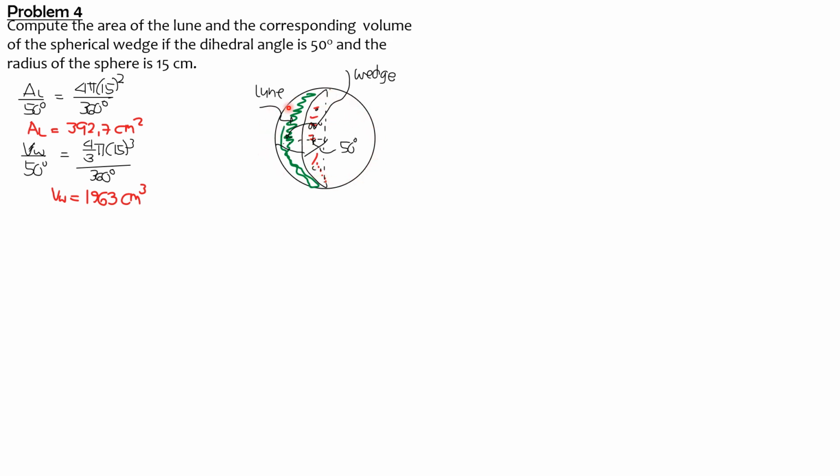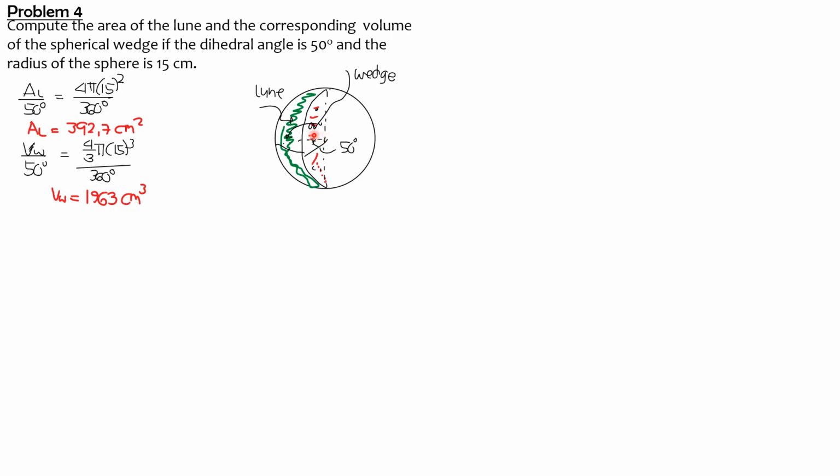So that's why you have area of the lune at 50 degrees equals area of the sphere, surface area 4 pi r square, 4 pi 15 square divided by 360 degrees. Solving for area of the lune, 392.7 square centimeters.